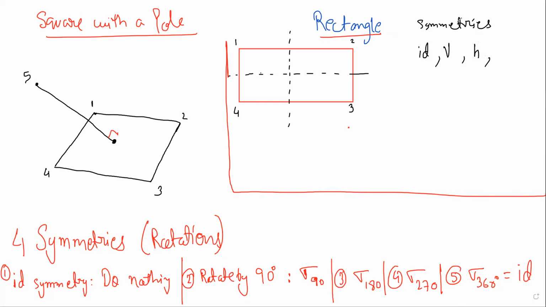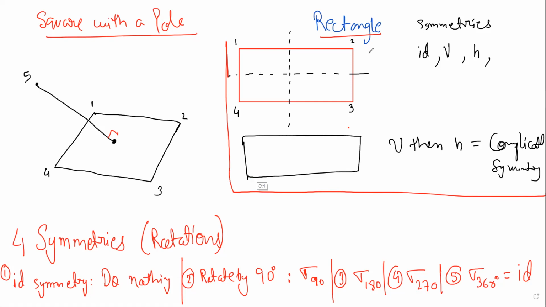The question is, how did I get that complicated symmetry? I first use the vertical symmetry. Then I use the horizontal symmetry. This is that complicated symmetry. Does everybody agree?